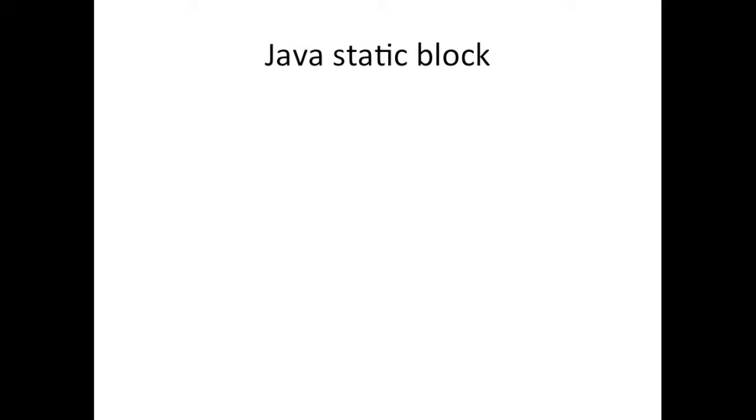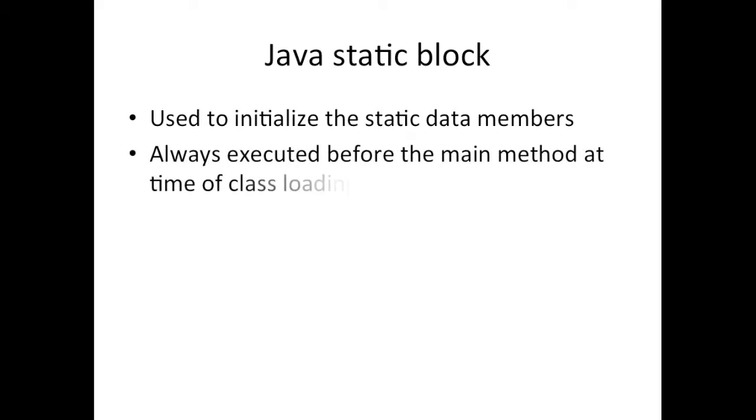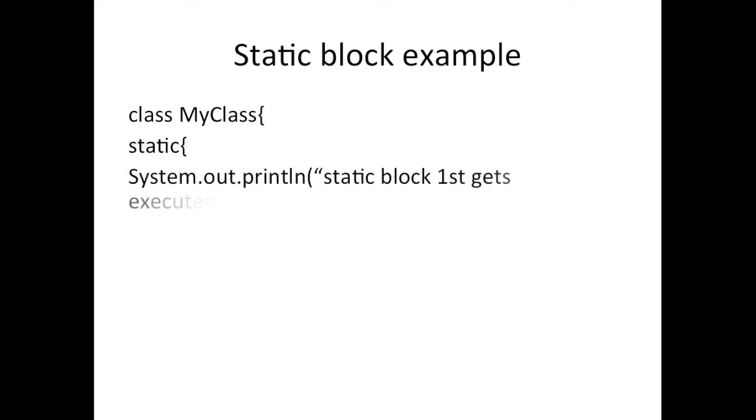Understanding the Java static block. The Java static block is used to initialize the static data members. The Java static block is always executed before the main method at the time of class loading. Understanding static block with the help of an example. Class MyClass. Now writing the static block.